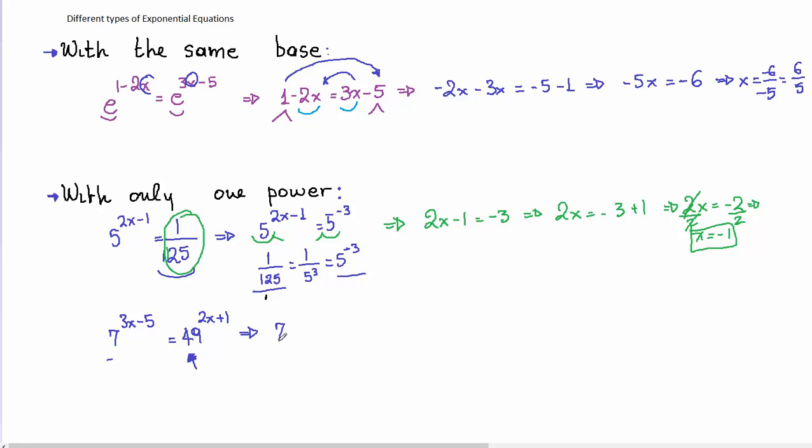So instead of having 49 on the right side of my equation, I can replace that with 7 squared. When I replace though, since this is the exponent of 49, I need to make sure that I put it in parentheses to remember that 49 has been replaced by 7 squared, and 2x plus 1 is the exponent of the 49 here.